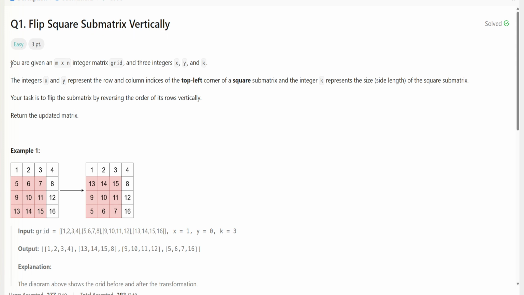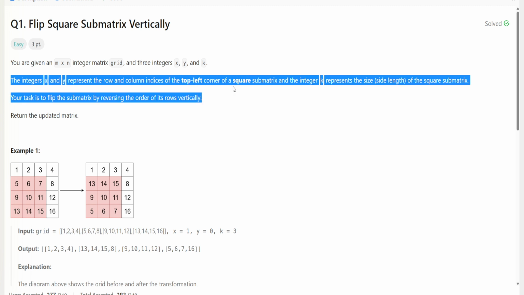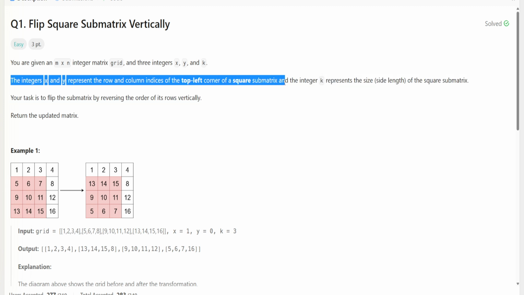The question is saying that we are given an m cross n integer matrix grid, as you can see here, and three integers x, y, and k. The integers x and y represent the row and column indices of the top left corner of the square submatrix.